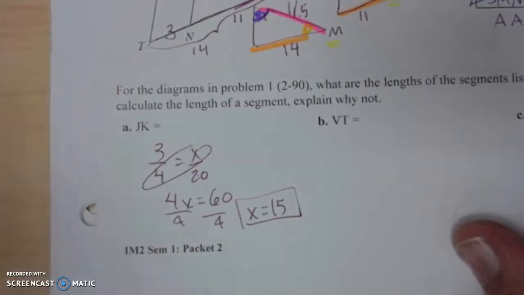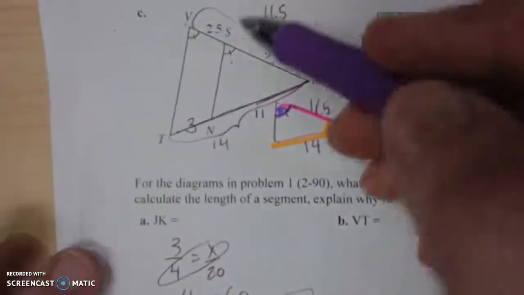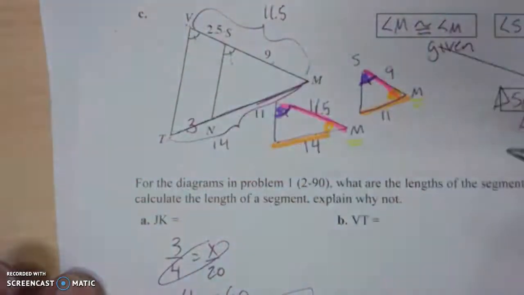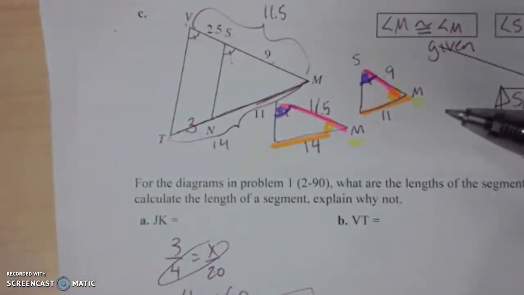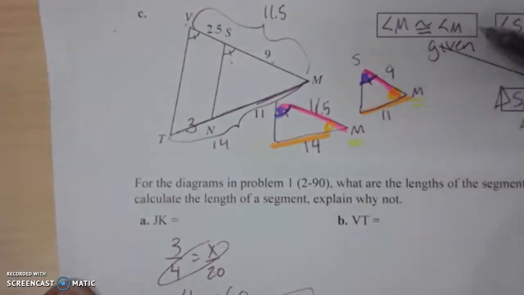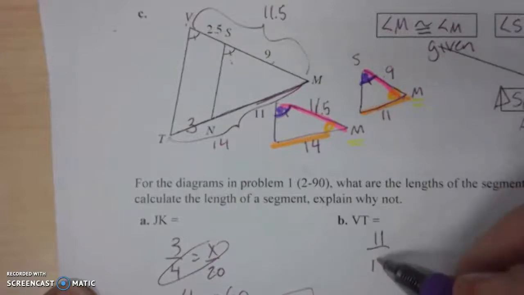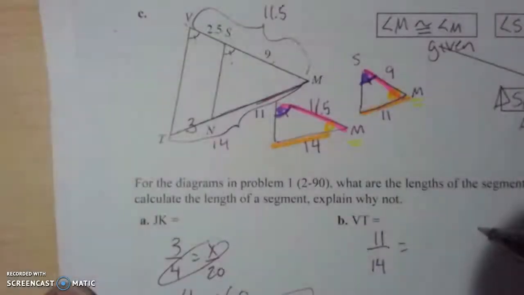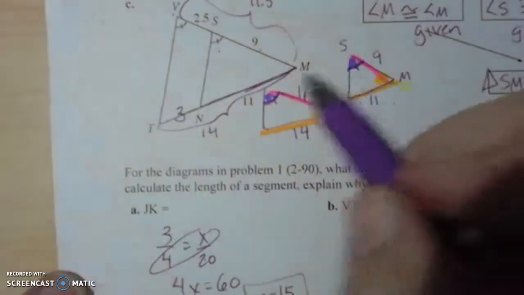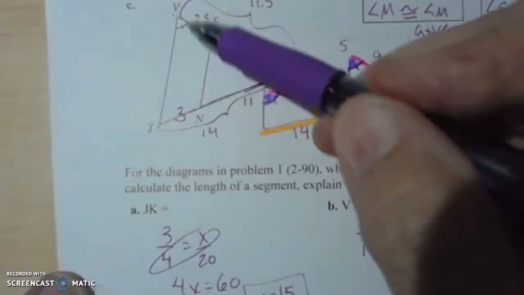Let's look at the next one. VT. Let's see, VT is from right here. Let's see if we can figure out VT. We know our ratio, because we proved these are similar, is going to be the same as 11 over 14. So 11 to 14 is to this over this.